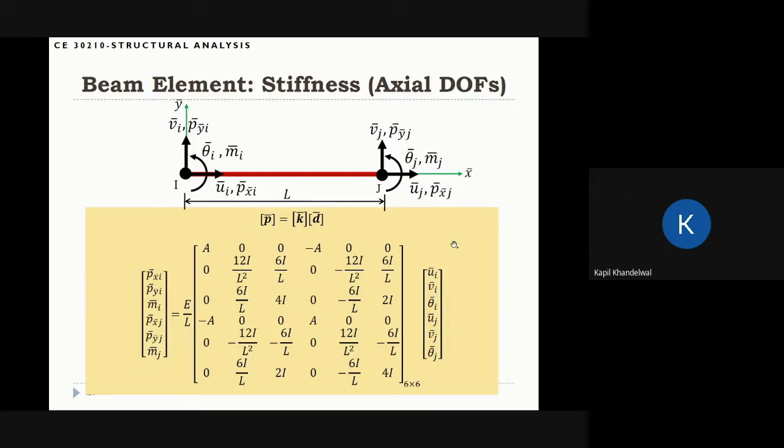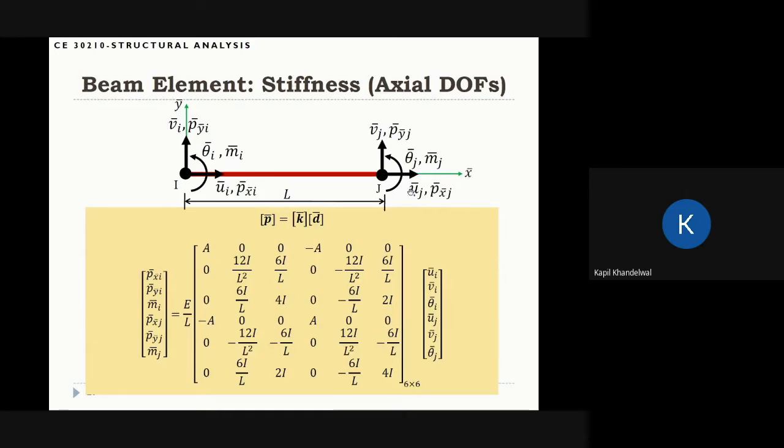The difference between this case and the case where there are no axial degrees of freedom is that this kind of element is useful when there is some axial loading on the beam, or some axial traction is applied, or any kind of axial effects are going on. So you have to consider this kind of beam element with axial degrees of freedom.